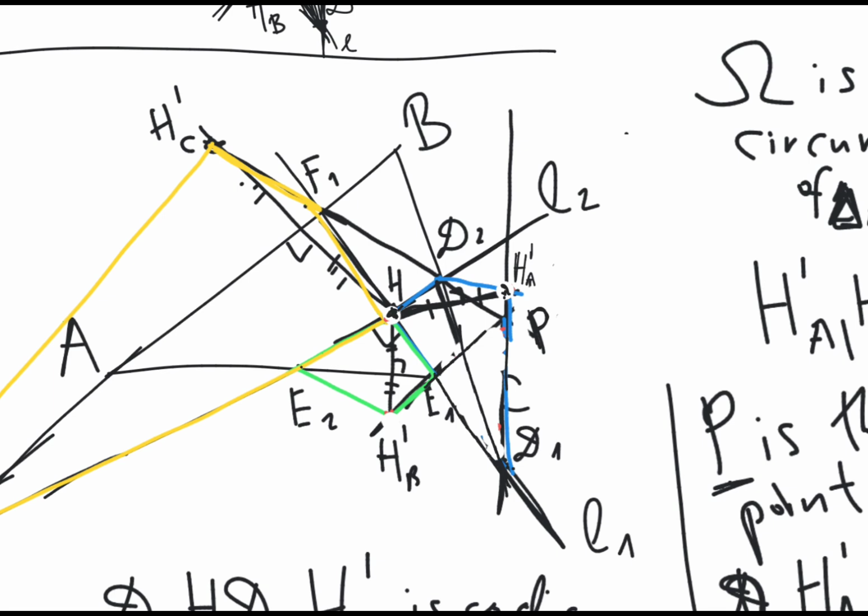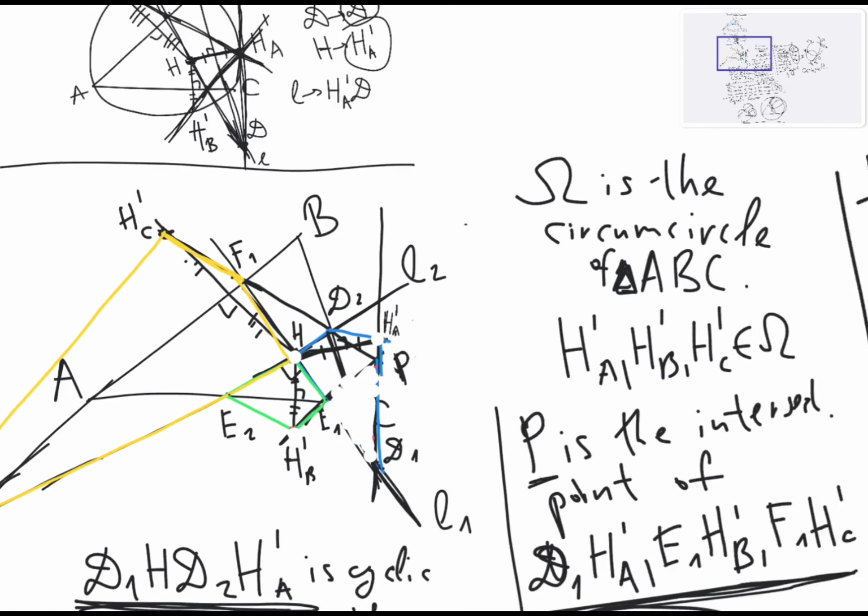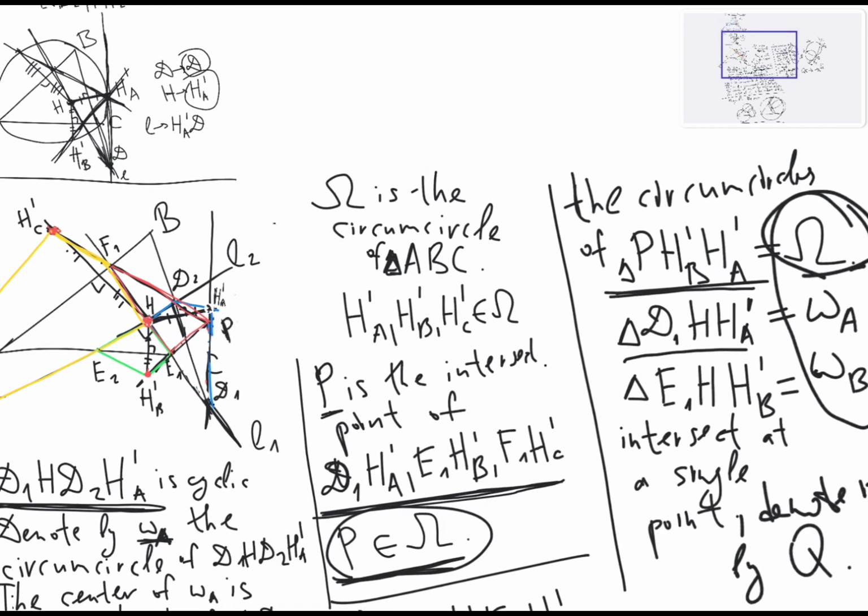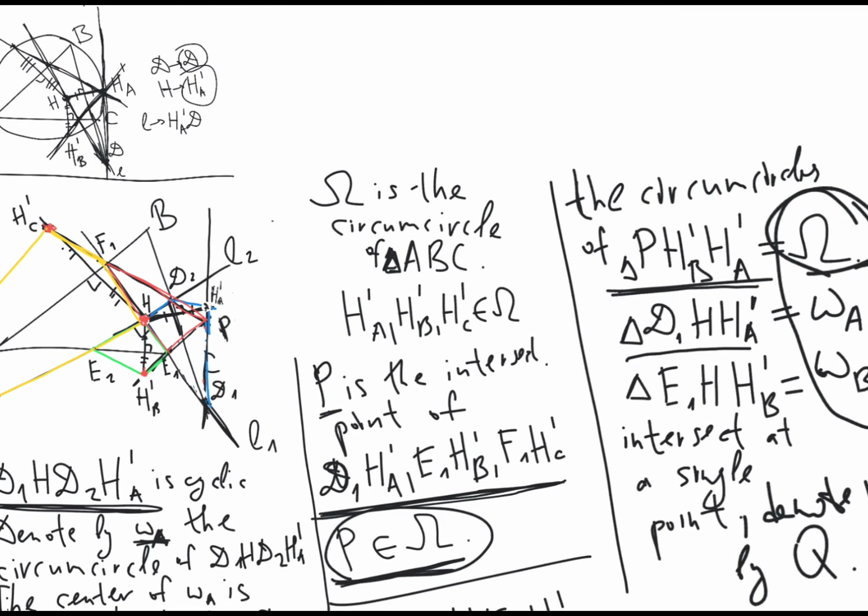Now we consider this red triangle and the corresponding points H, HB prime and HC prime. And again write Miquel's theorem for this red triangle and these red points.